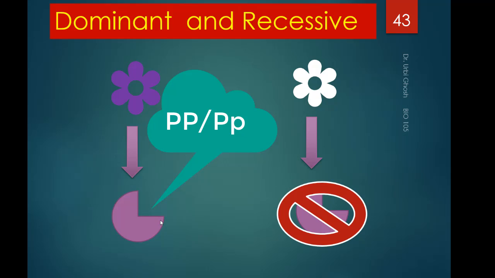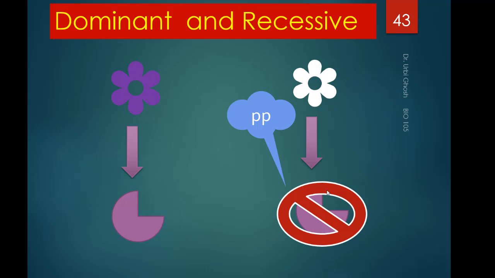And even the heterozygous flower, which only has one allele for the normal enzyme, say a capital P, produces enough pigment for the flower to be purple. The small p flower, on the other hand, has no functional enzyme, so the flower remains white.